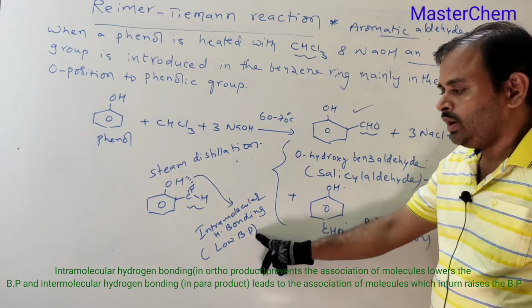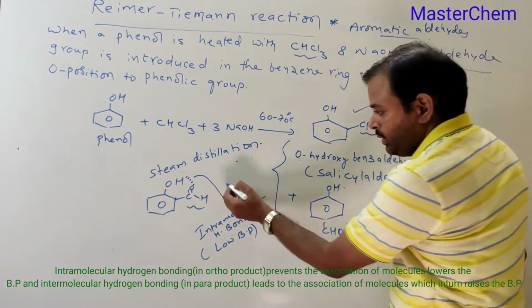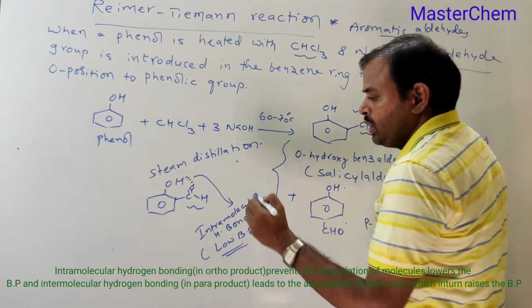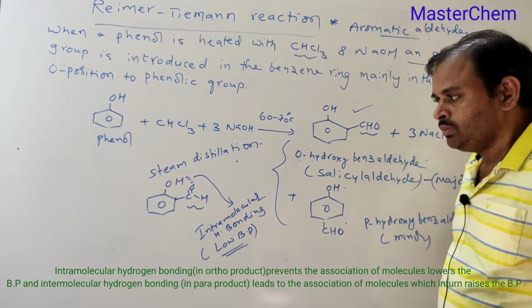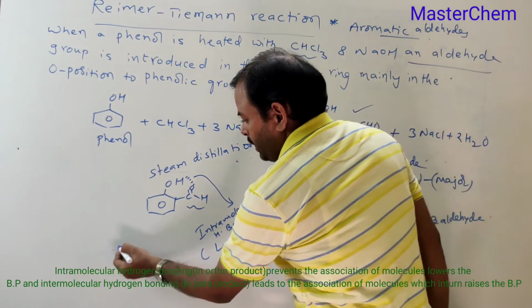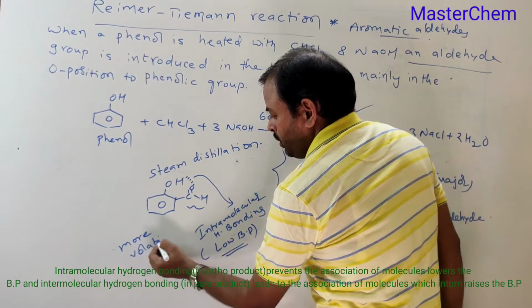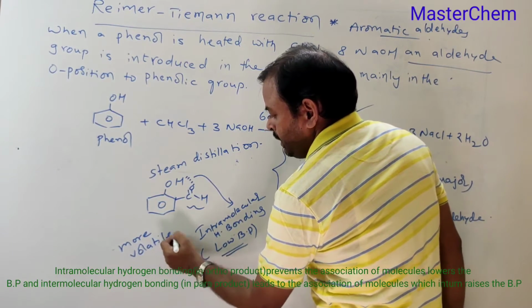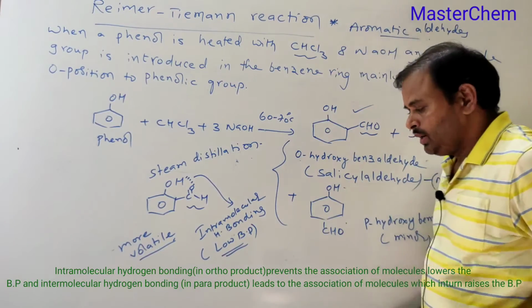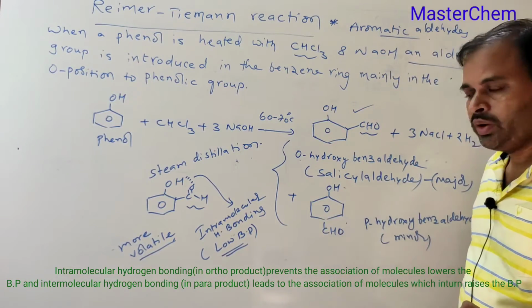Because of the intramolecular hydrogen bonding, the ortho product has a lower boiling point than the para product. That's why it is more volatile compared to the para product.